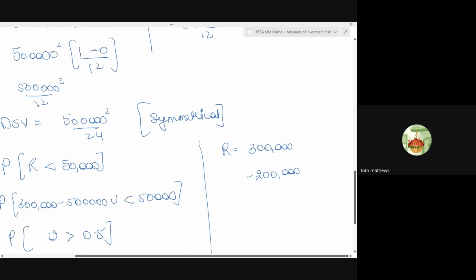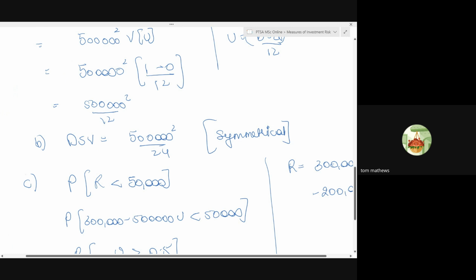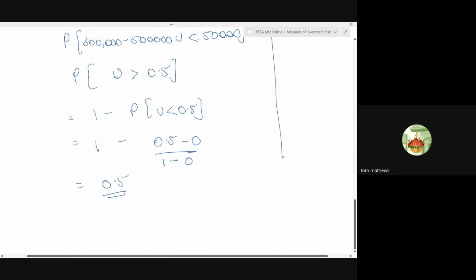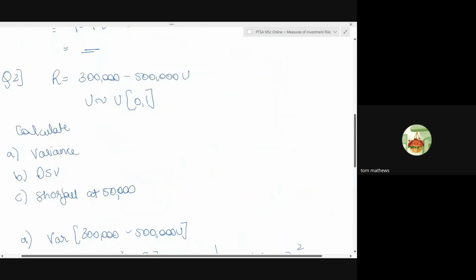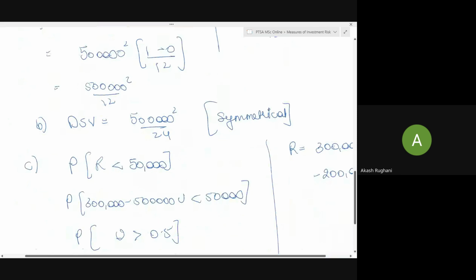Yes, the range will be 3 lakh to minus 2 lakh, or minus 2 lakh to 3 lakh. So r will be less than 50,000, and it will be correct. Both ways the answer will be the same. You can do both ways. Yes, I tried both ways. That's right. Okay, cool, that's good.